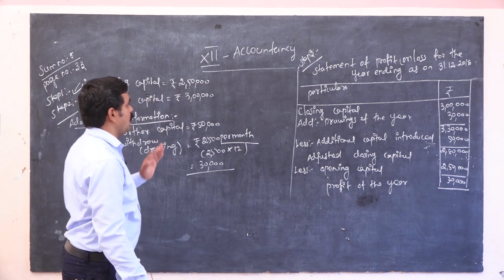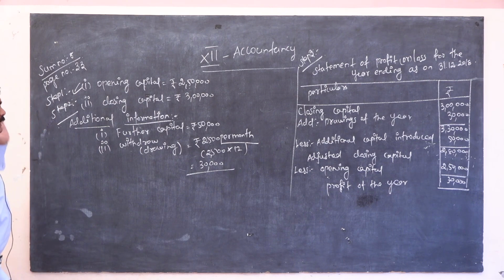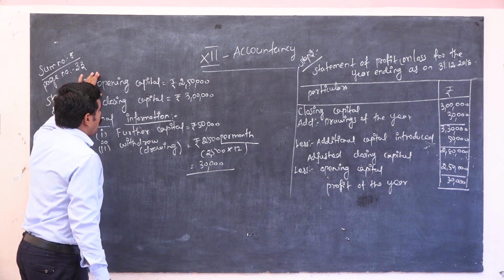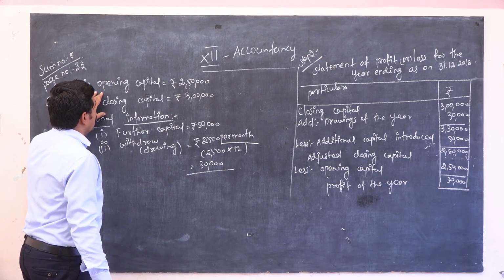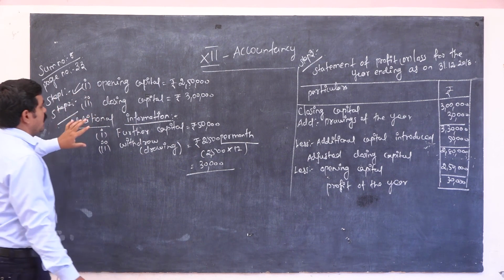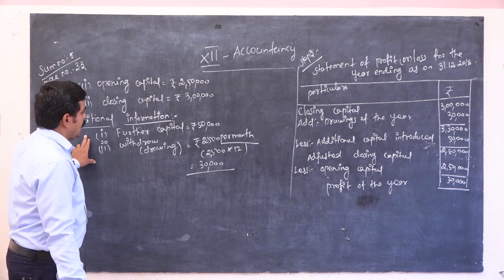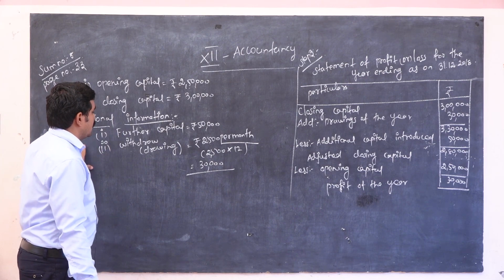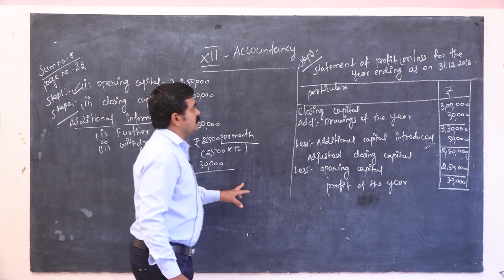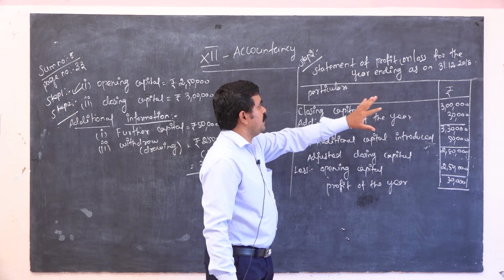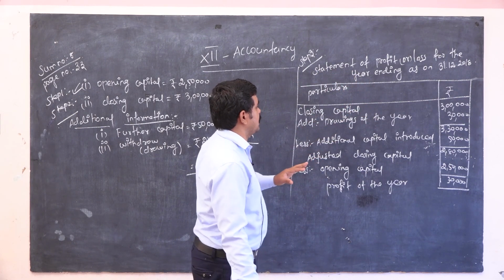So totally this problem is having 3 steps. Step 1, calculating opening capital. Step 2, closing capital, the amount is 3 lakh. These are the additional information given in the problem: further capital rupees 50,000, drawing 2,500 per month, totally 30,000. Step 3, the statement of profit or loss for the year ending as on 31/12/2018.